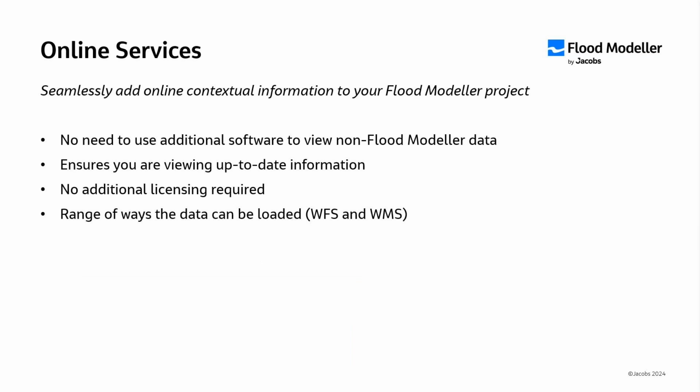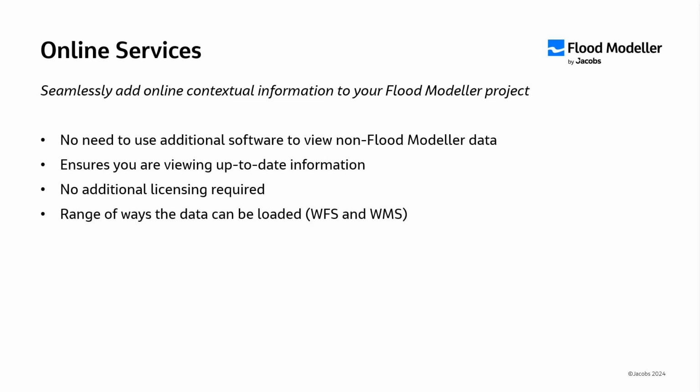fifth and final tool I really want to highlight today, which is the online services. So Fluid Modeler draws on a whole bunch of data from external sources, and you can add those into your project. So it's a single bit of software to load in all of your data. Really useful. It's not drawn from a Fluid Modeler server, it's drawn from the source.